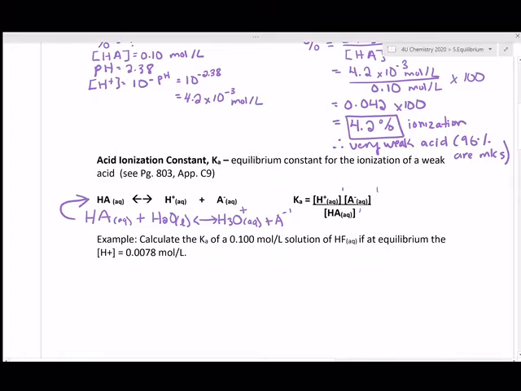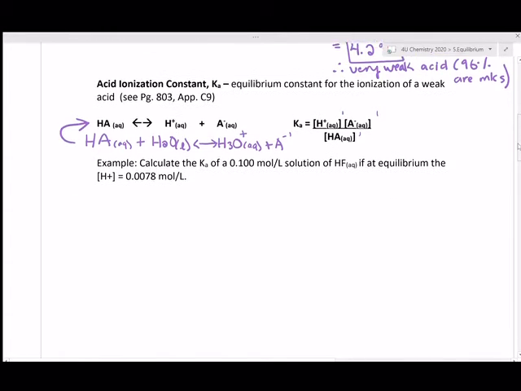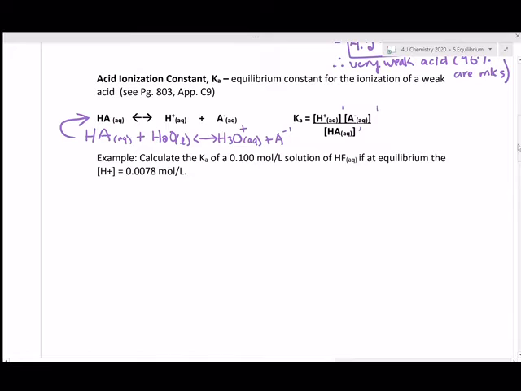Okay, so the next problem we're going to do, we're going to be using that formula, and we're going to solve a Ka value for hydrofluoric acid, which we could look up, and we will look up after this to check to see how we did. We're going to start with a 0.1 mole per liter solution, and at equilibrium, you're told what the hydrogen ion concentration is.